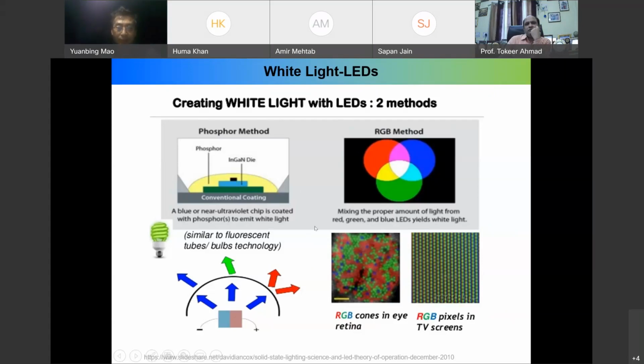That means the LED could be blue or a near ultraviolet chip, and the light given out is similar to fluorescent tube or bulb technology. And then another way is to use red, green, and blue LEDs, which together also yield a white light.